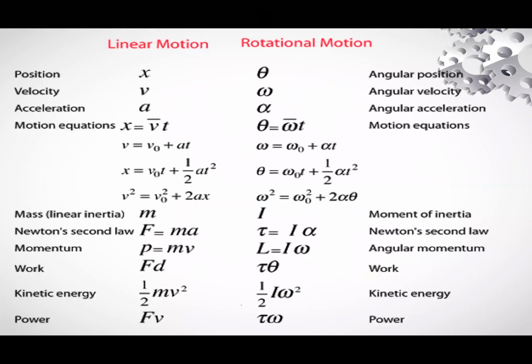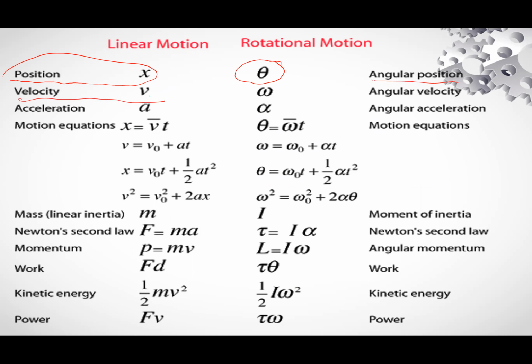Now here the linear quantities are written, and their symbolic representation in rotational quantities is also written. For example, position is represented by x, and its angular analogy is theta, the angular position.